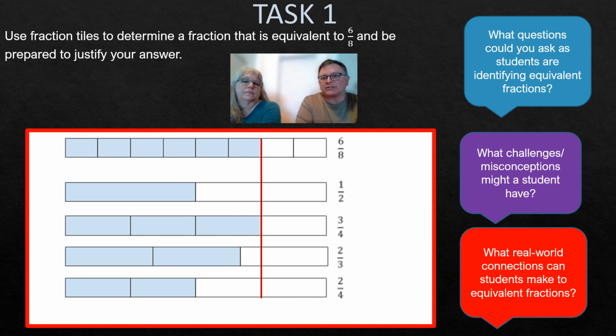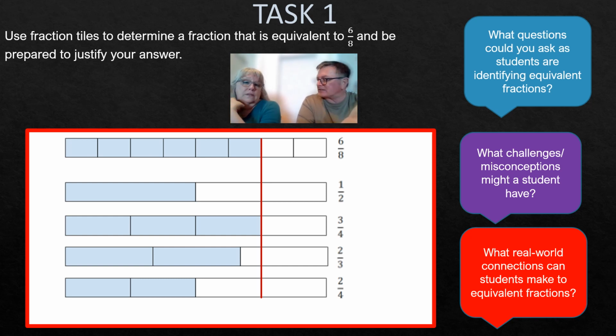That's another connection. Correct. So are there any misconceptions that you think students may have? I know you said they try to make 16ths. Any other ideas for misconceptions and how to address them? I think that they're going to have some, like the 2/3 is pretty close. They might think that one's equivalent because it's almost the same size.